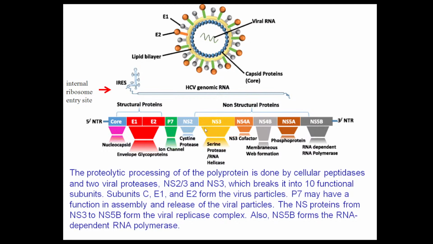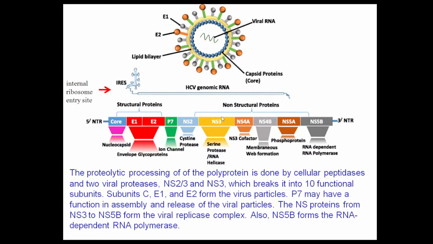Around 7 non-structural proteins are encoded by the genome, and 4 structural proteins: nucleocapsid, envelope glycoproteins E1 and E2, then ion channel protein P7.